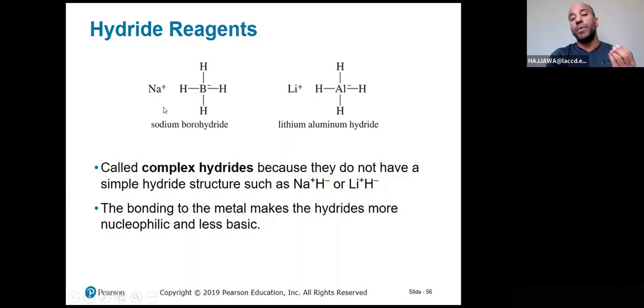But when you use sodium borohydride or lithium aluminum hydride, lithium and sodium love the chelation to the carbonyl oxygen, and that actually forces the H minus to attack the carbonyl carbon rather than looking for an acidic hydrogen. So that's usually the case when you see sodium borohydride or lithium aluminum hydride. That means they're going to attack a carbonyl carbon to add an H minus to it.